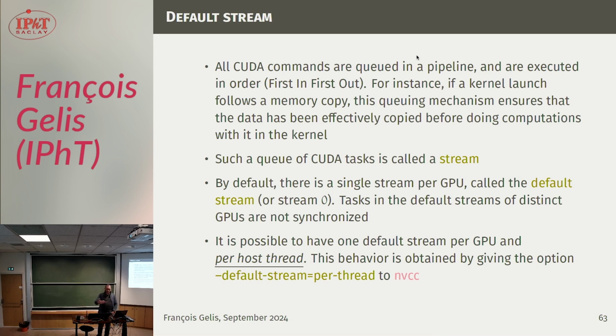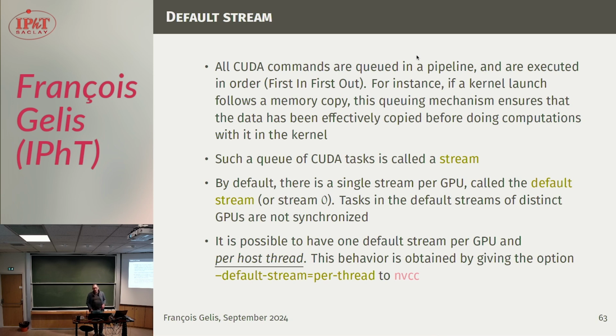So if you put a memory operation to copy some data, and then you have functions that will operate on data, they remain strictly ordered, so the function will only start after the memory copy is finished.